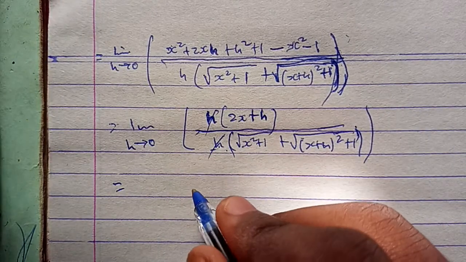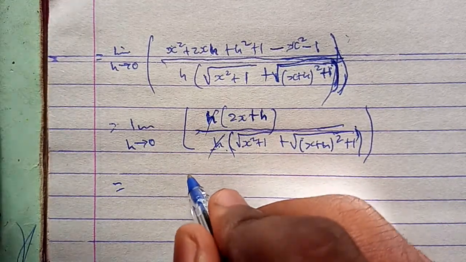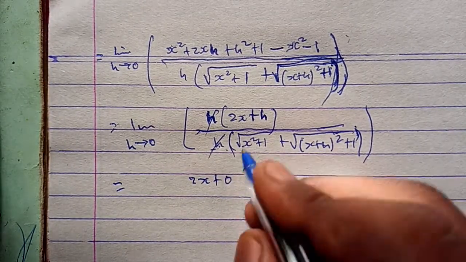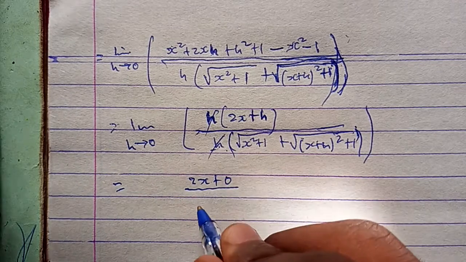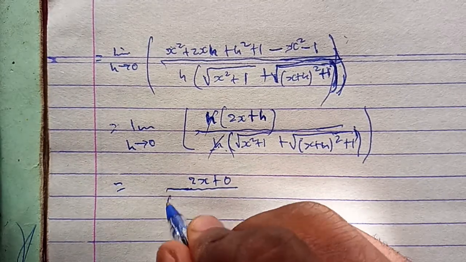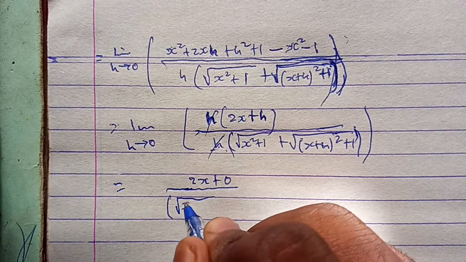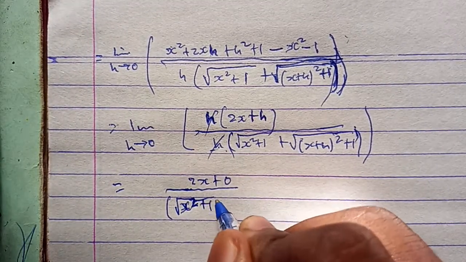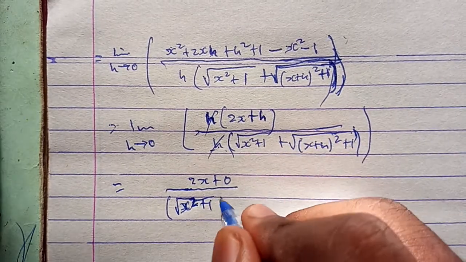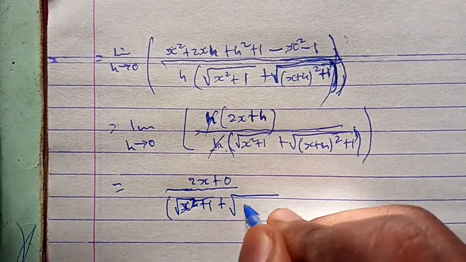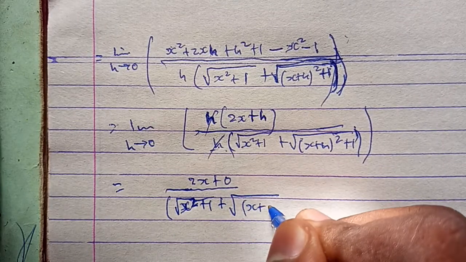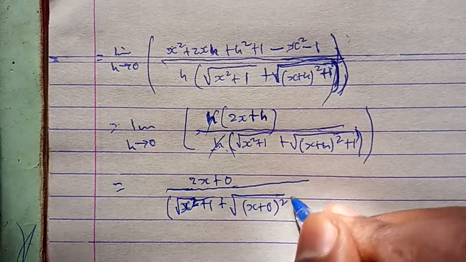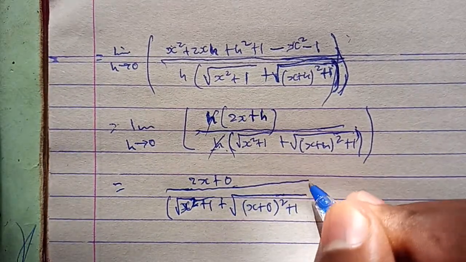So plugging in 0 gives us 2x plus 0 all over square root of x squared plus 1 plus square root of (x plus 0) squared plus 1 under the square root.